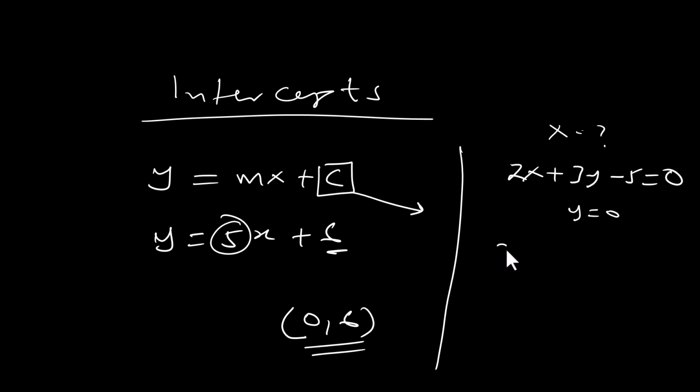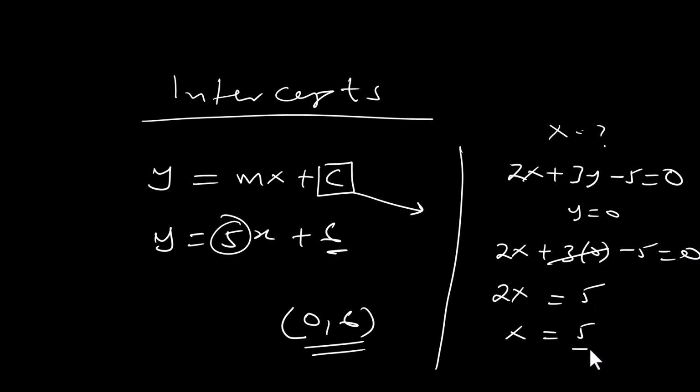So we have 2x plus 3 times 0 minus 5 equal to 0. This one will go. We have 2x equals 5. Therefore my x is 5 on 2.